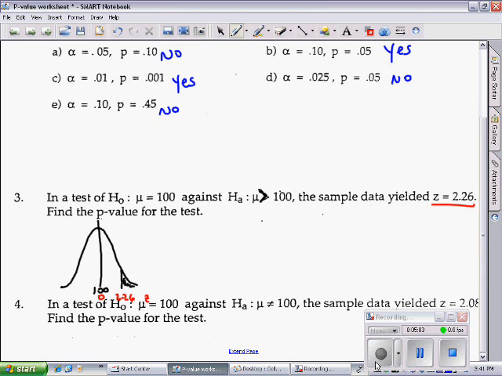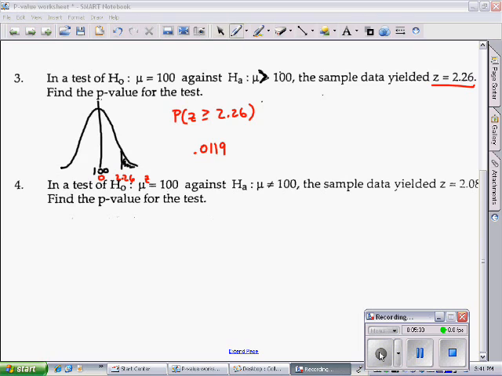Find the p-value of the test. So on my pink chart, I look up 2.26, and remember the pink chart shows me the area to the left, so I have to subtract that from 1. Or you can use your normal CDF, and you get the likelihood of getting a z test statistic above 2.26 is 0.0119. That's my p-value.